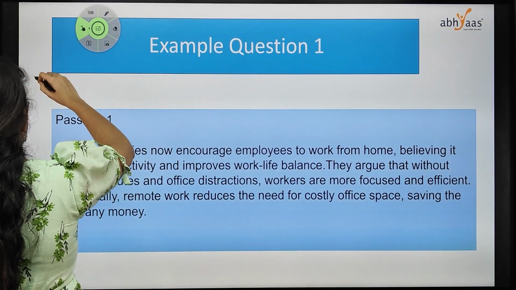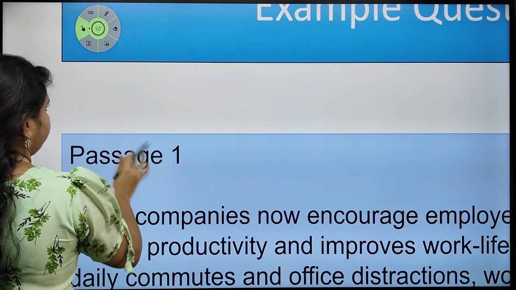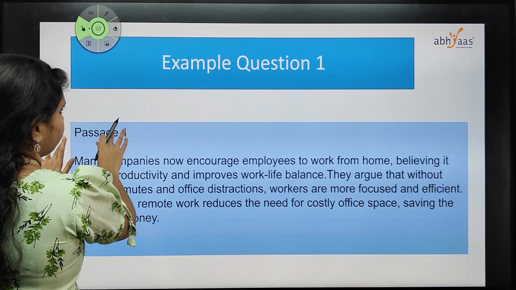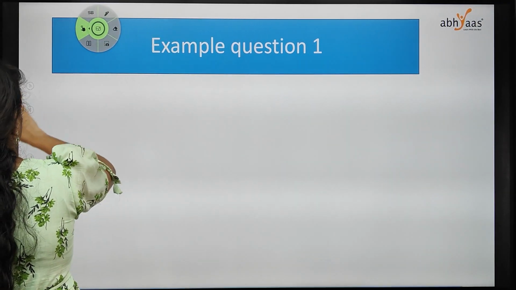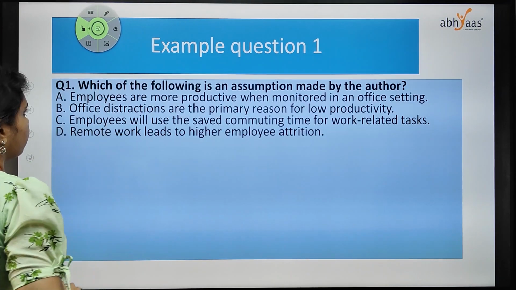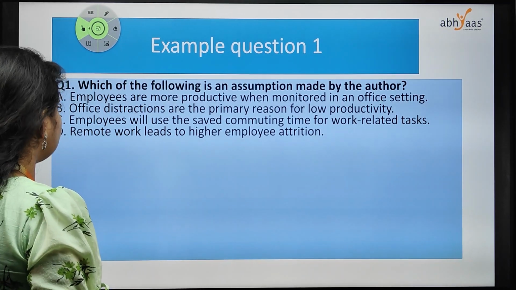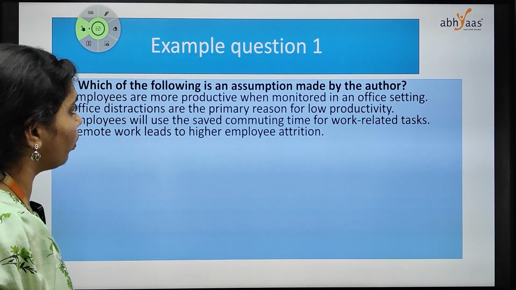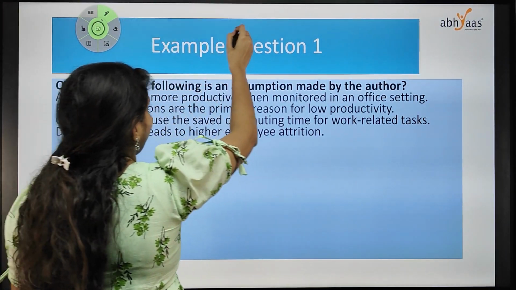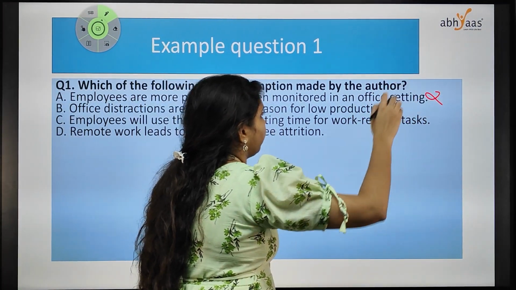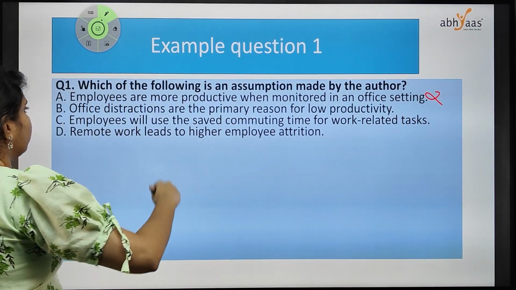Let's see the question for this. Okay. So what is the assumption here? Employees are more productive when monitored in an office setting? No, that is what he's trying to argue, right? Work from home benefits productivity. That is what he's trying to say. It's completely opposite.